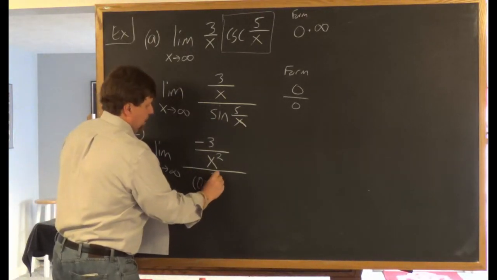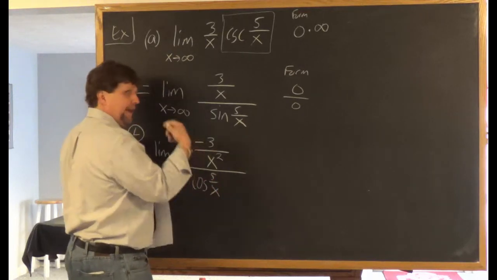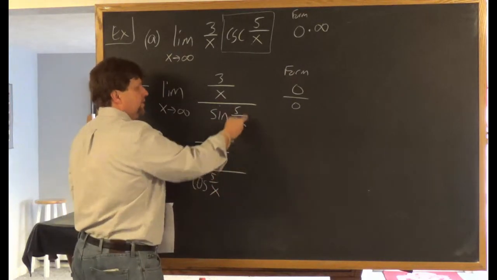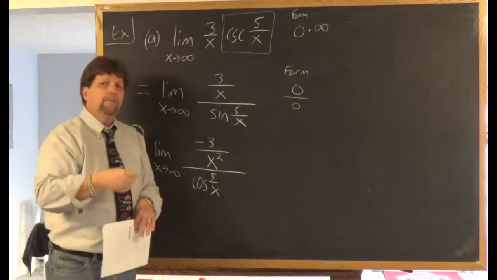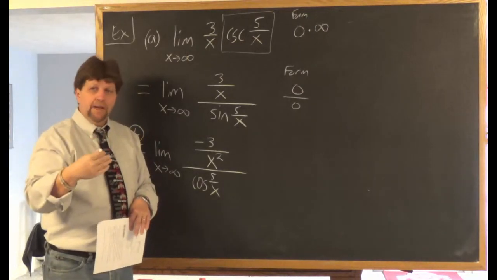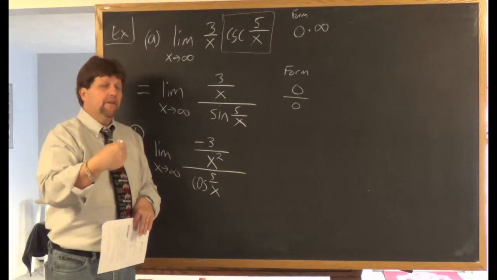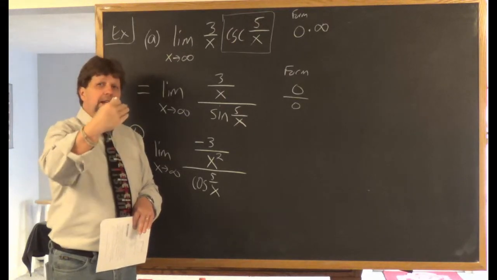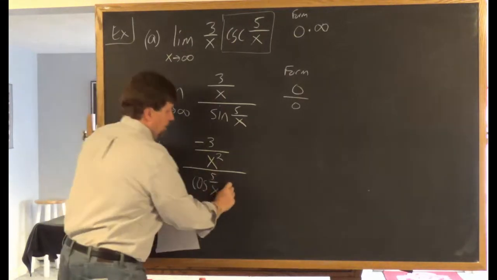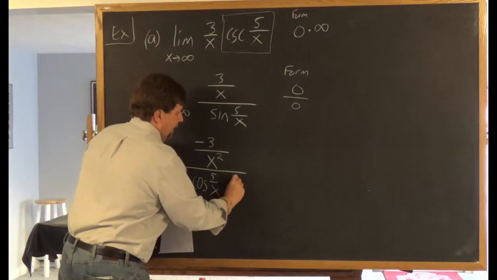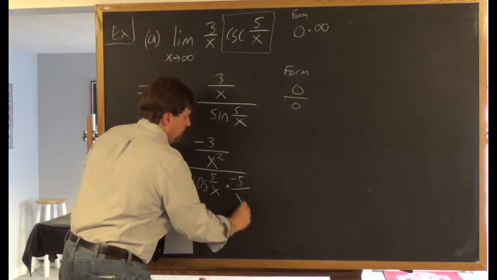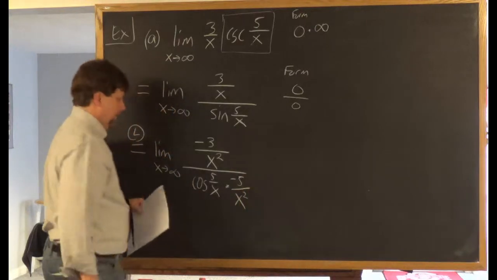So we have cosine 5 over x. Now the chain rule, we have to do the derivative of 5 over x. I visualize 5 over x as being 5x to the negative 1. So the derivative is negative 5x to the negative 2. Or negative 5 over x squared.